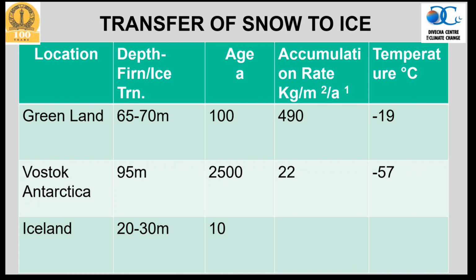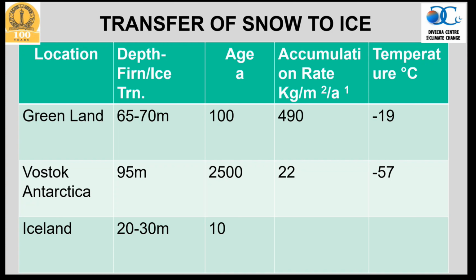If you go to Antarctica, the firn-to-ice depth is approximately 95 meters, and it takes 2,500 years to convert snow into ice. Remember that: 2,500 years.